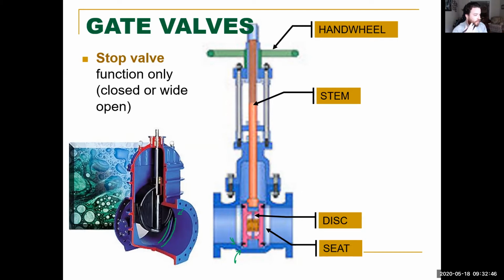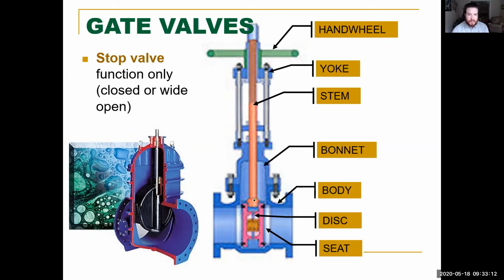So now you have 3 surfaces mating together instead of just one flat. Because if the disc were to just sit on the seat flat, one side could be pressed down while the other is popped open a little bit, and that's not going to make a seal. Now you have the body, the bonnet, and the yoke.